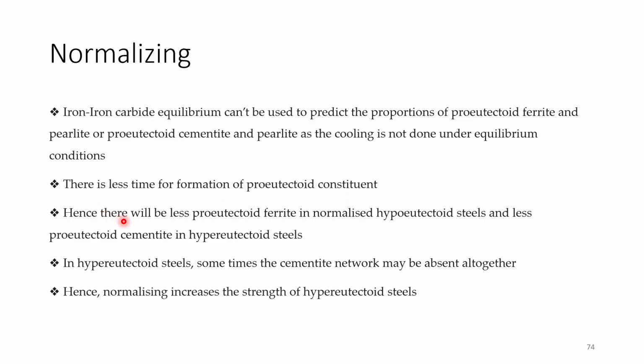Hence there will be less pro-eutectoid ferrite in normalized hypoeutectoid steels and less pro-eutectoid cementite in hypereutectoid steels. In hypereutectoid steels, sometimes the cementite network may be absent altogether. Hence normalizing increases the strength of hypoeutectoid steels.